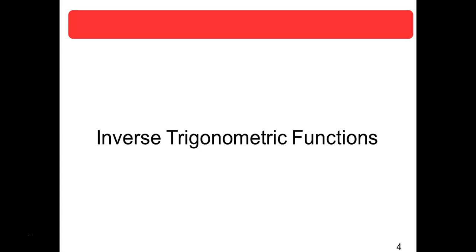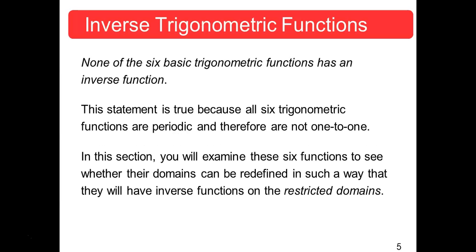So first off, the inverse trig functions. Remember that when we talk about the trig functions, sine, cosine, tangent, cotangent, cosecant, secant, all of them were quote-unquote periodic functions. So technically, none of them are one-to-one, right? Because they all repeat.